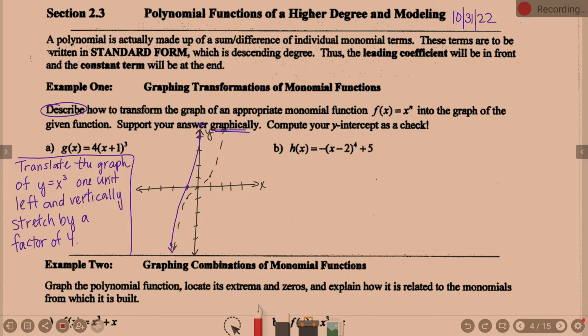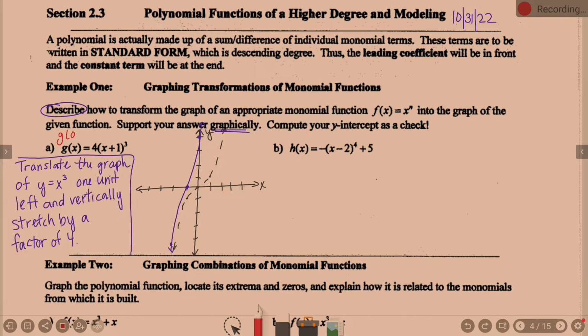But if we're going to check it, here's our equation, how do you find a y-intercept with your equation? Plug in x is 0. Plug in x is 0, because where is a y-intercept? A y-intercept is on the y-axis. What do we know on a y-axis? X is always 0.